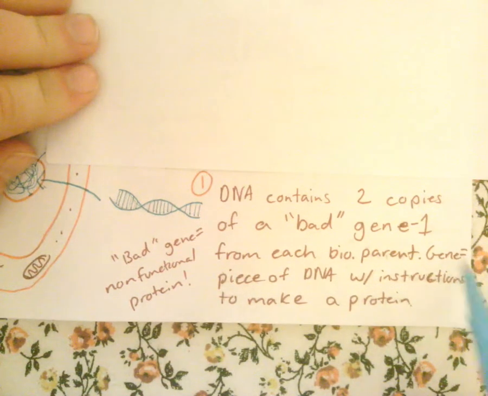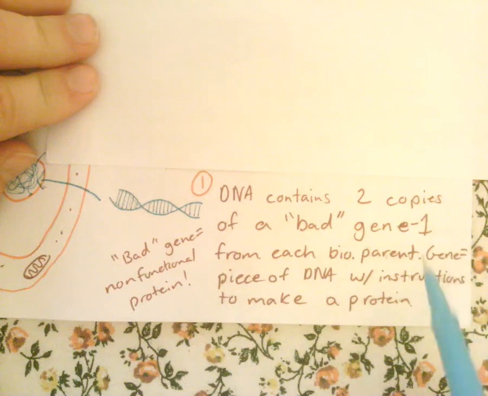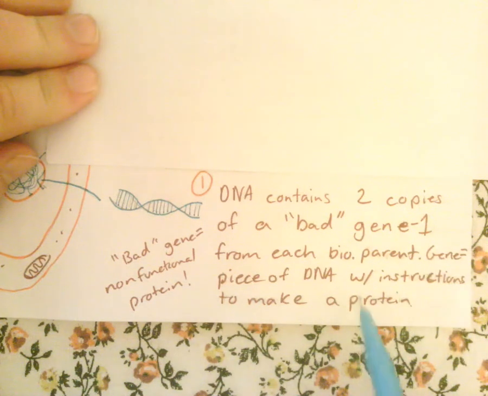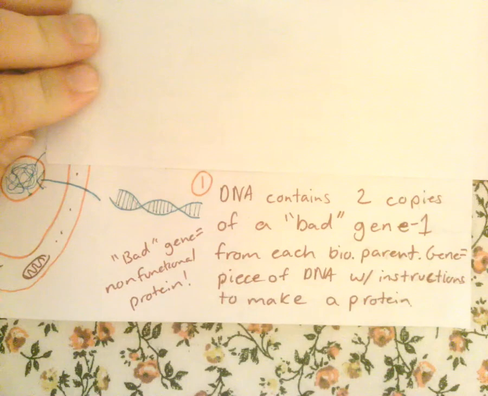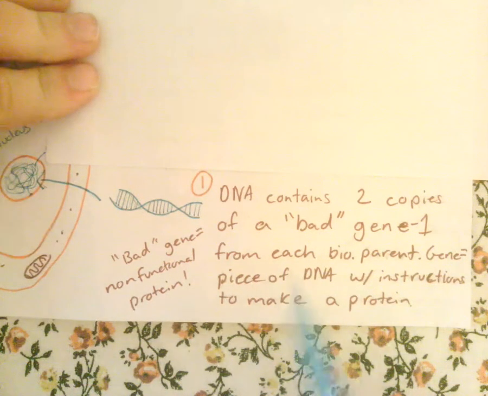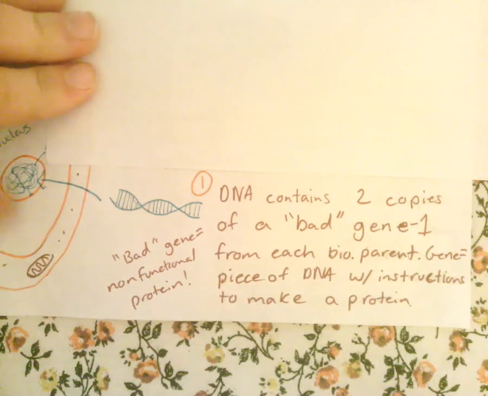A gene, just to remind you, if you're not familiar with it, the gene is a piece of DNA with instructions to make a protein. So we're really just focused on this bad gene. And unfortunately, people with cystic fibrosis get 2 copies of the bad gene. So one from their biological mother, one from their biological father.